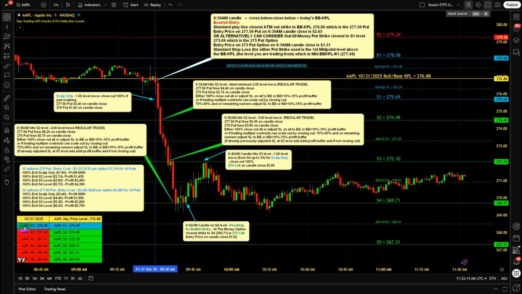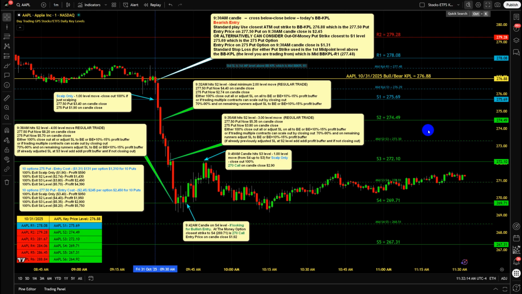Now we also do not have all of the levels on our screen here, and that's on purpose, because when you are first looking at the session at the open, it's best to generally drill down to say R2 to S2 or R3 to S3. The reason for that is you want to see a more granular view of what is going on.